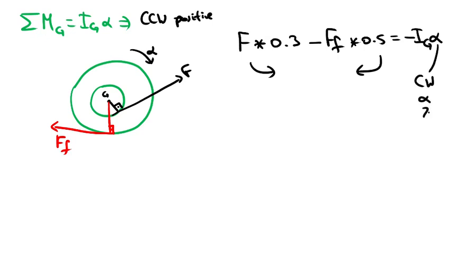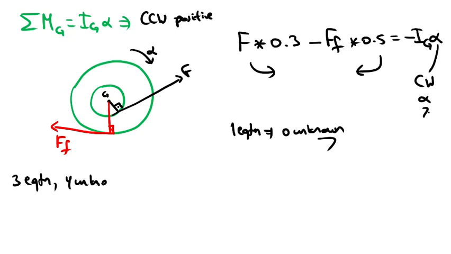Okay, this is the final equation. Now we have 3 equations and 4 unknowns, so we need one more. And that equation will be the kinematic equation.